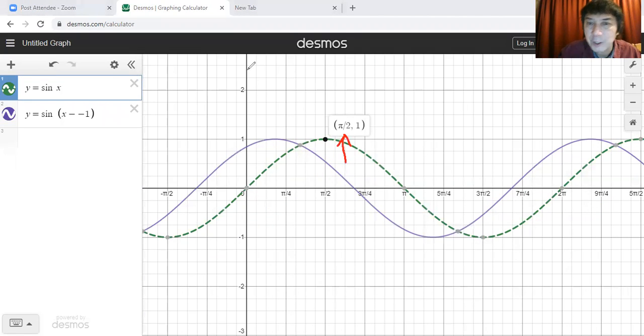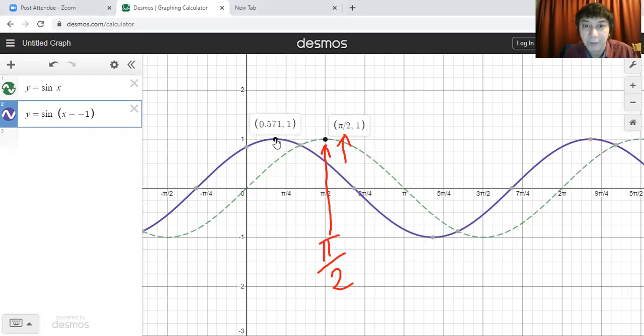There you can see it. That's pi over 2, and that location is right here. Now, what is the location of the other one? The same point, but just moved to the other side, and that is this part here.